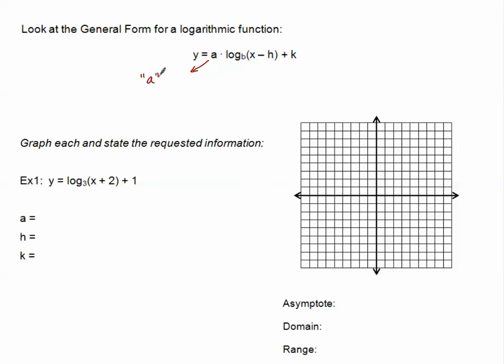A affects the output. So if we have a value of A, whatever our output would be, we multiply by A. H shifts left and right, and K shifts up and down.